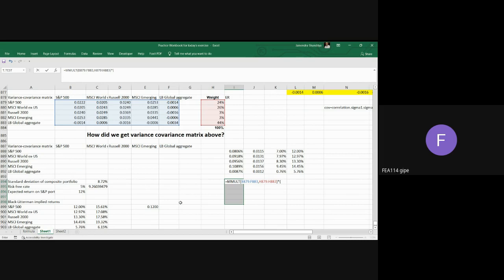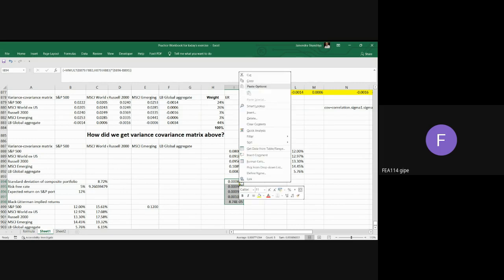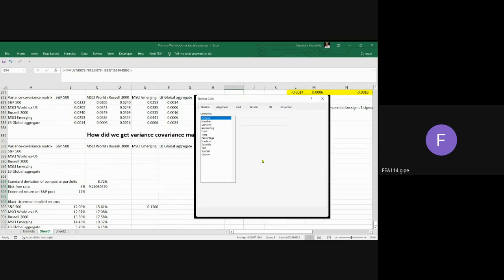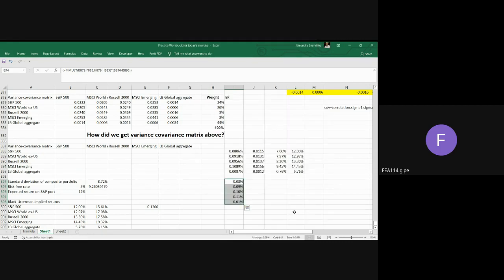It is the expected return on the benchmark, which is this 12% minus this 5%, because the constant is 5%. And then I close this and use it. So I got these 5 returns. Let me first make this into percentage. So I got this in percentage.